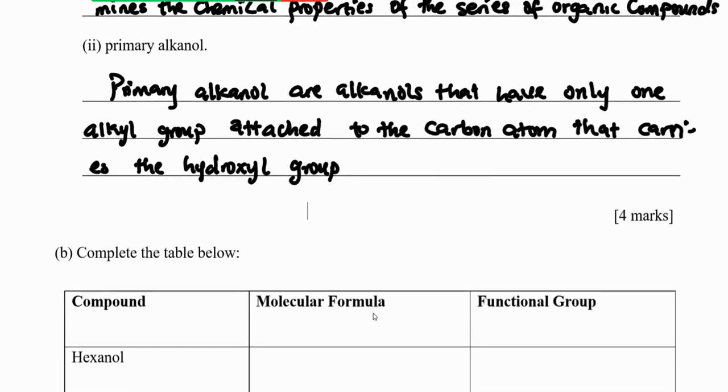So they typically would have one alkyl group, and the rest of the groups attached to the carbon would be the functional group and hydrogens.